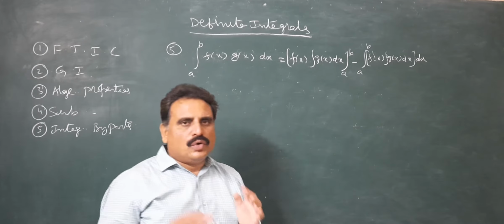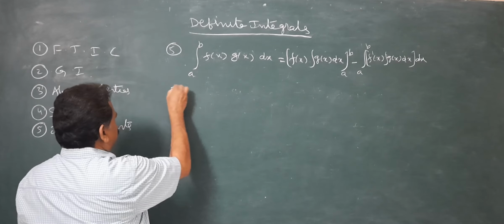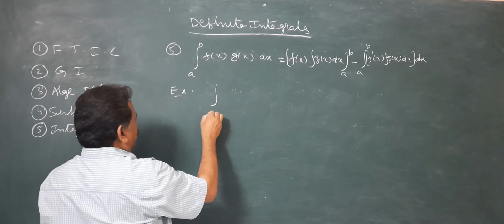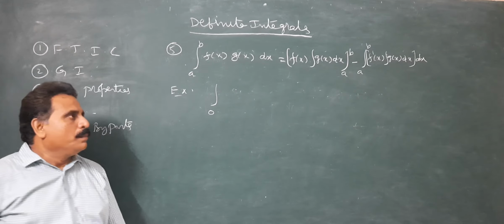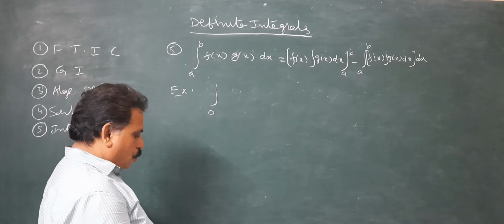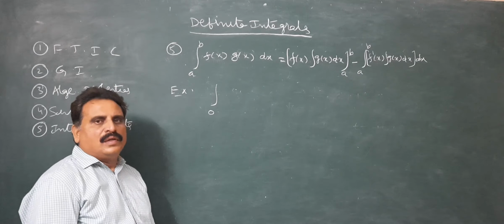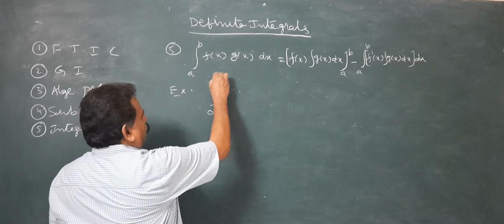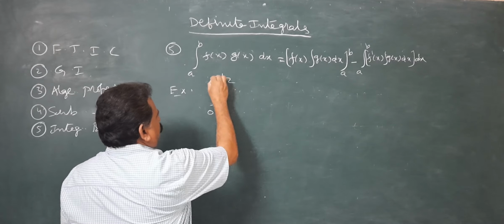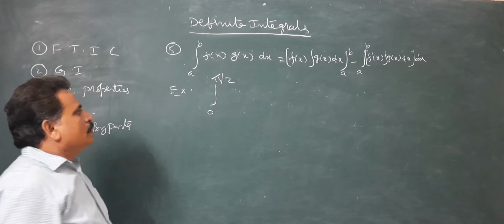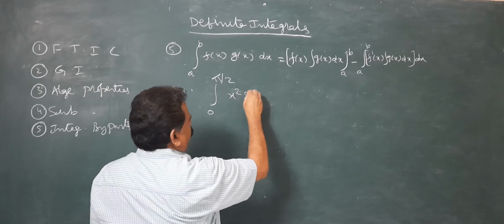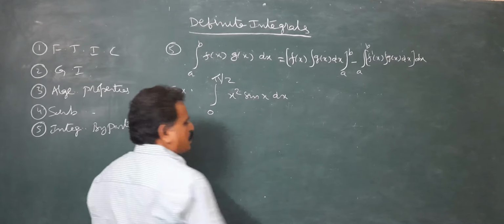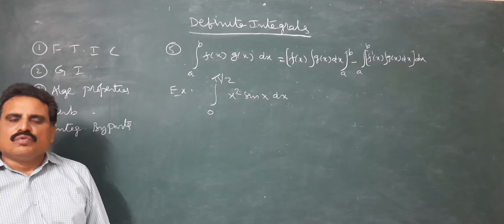Now we are going to one example: the integral from 0 to pi by 2 of x square sin x dx, by integration by parts. Which one is f(x)?